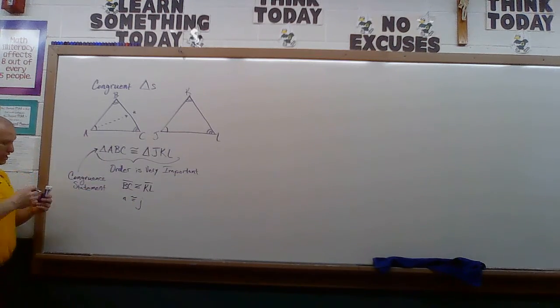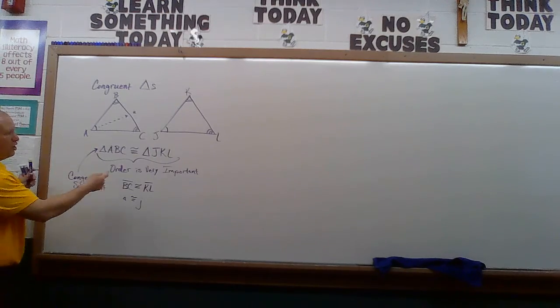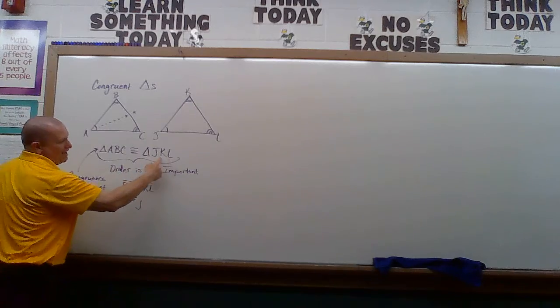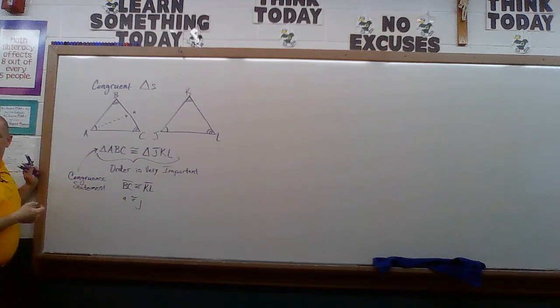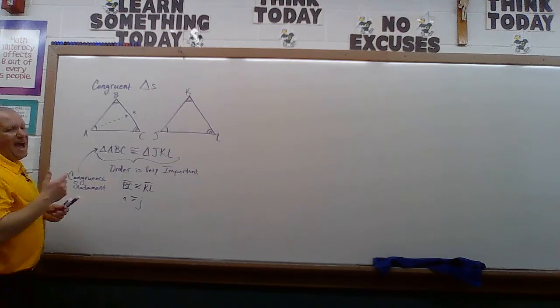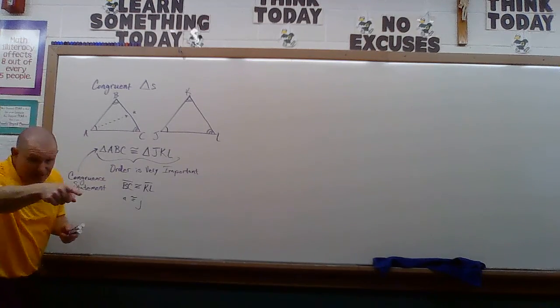Alright? Just by looking at this, notice when I went back to my letters, BC and KL are in the same spots. So they tell me that those sides are congruent to each other because of that congruent statement.